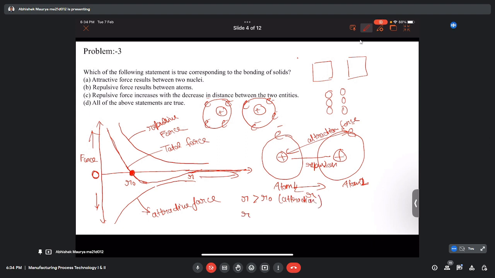That is attraction. And if R is less than R0, the net force is going to be positive. Positive means repulsion.